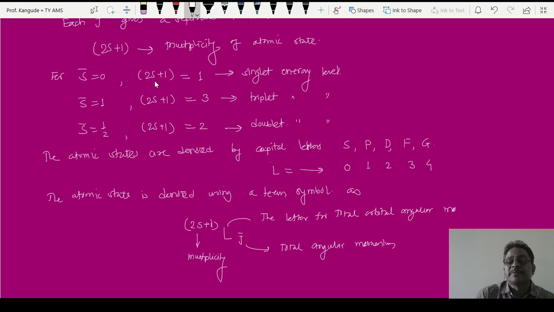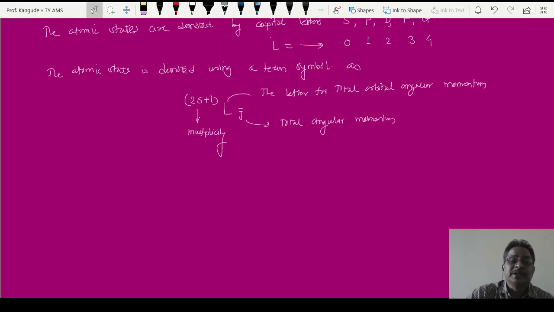We'll go through some specific examples, then you will understand easily how this scheme is applied to any atomic state, provided we know its S, J, and L, and based upon that we can go for separate states, the S state, P state, D state, etc.